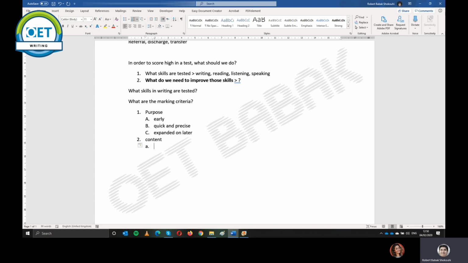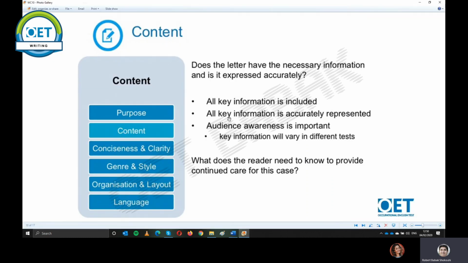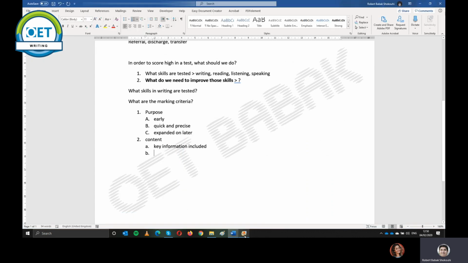So basically, the key information is included, and the key information is accurately represented.